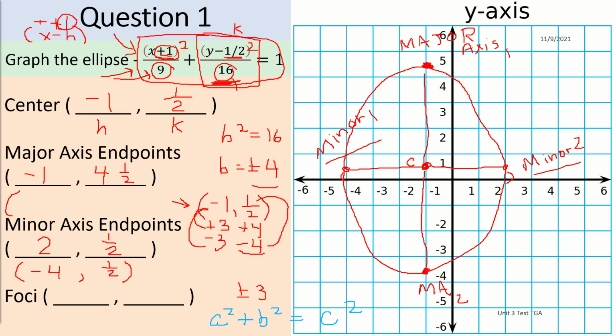If you connect to Quizlet, those formulas will be there for you to readily look up. And if I add a squared, which is 9, plus b squared, which is 16, I get 25. And I take the square root of 25, I get 5. That doesn't look right. Let me look up my formulas real quick.